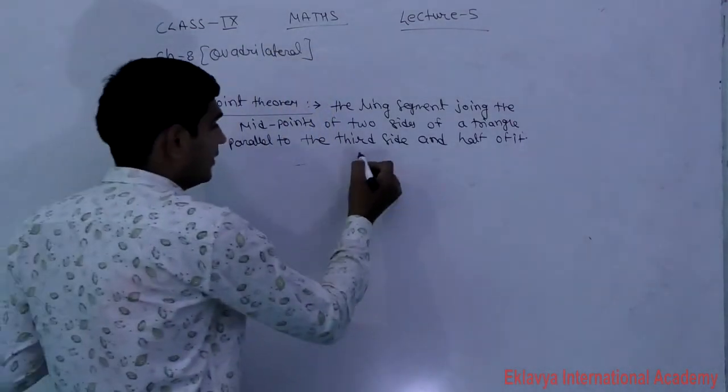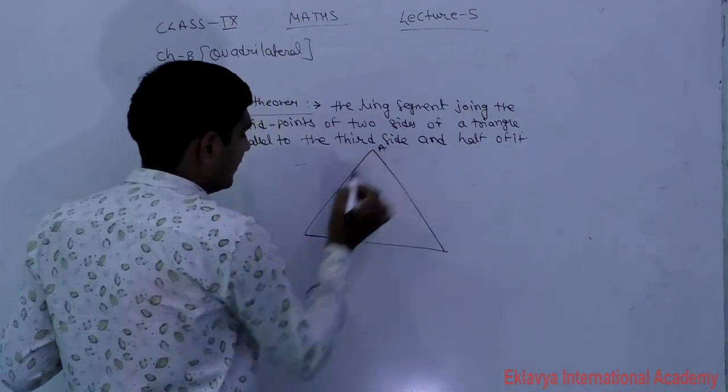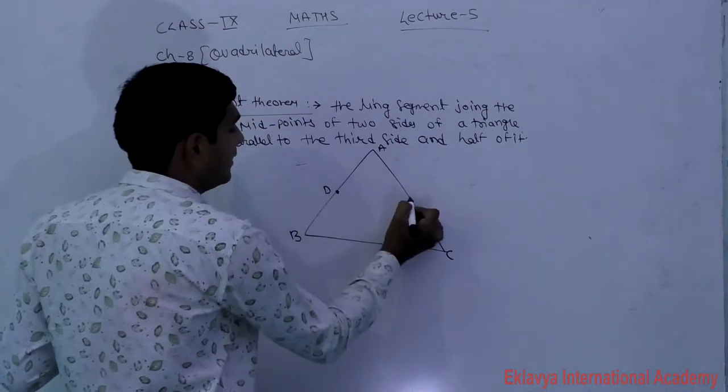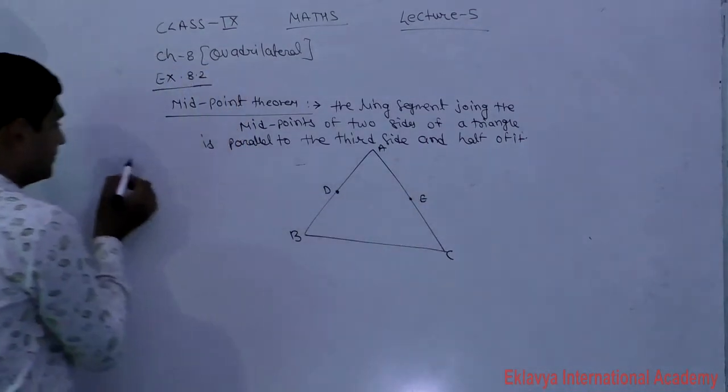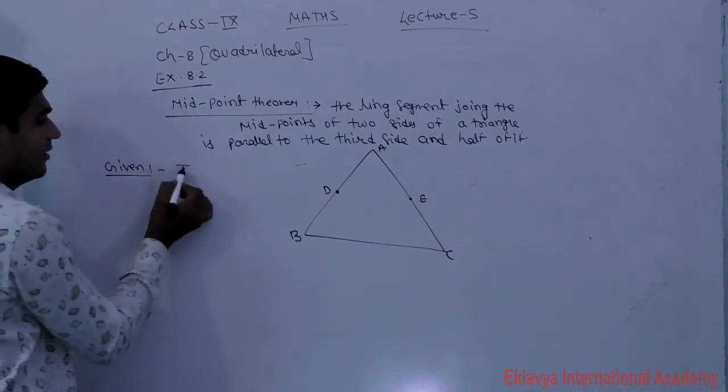Okay, now what is given in a triangle ABC? Given to you D and E are the midpoints. So first of all we will write down here given. Students, given क्या है?